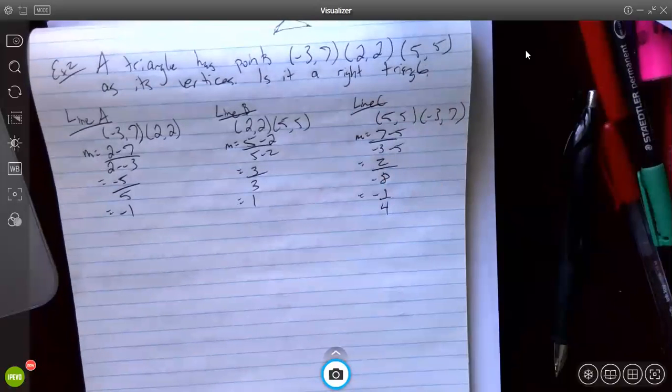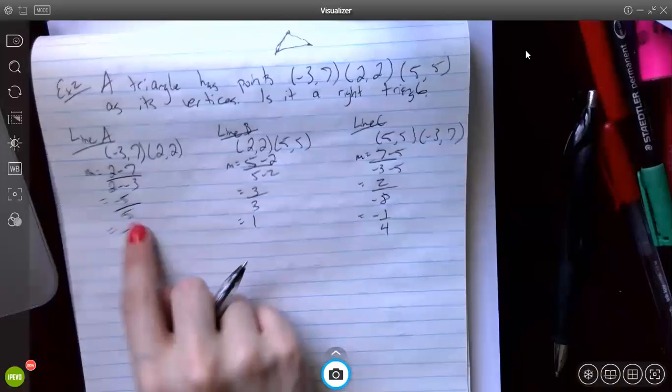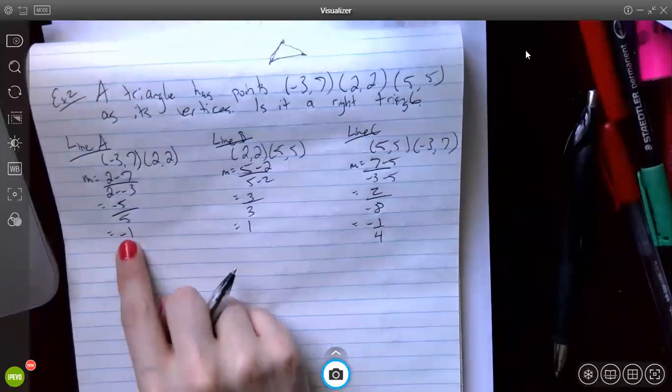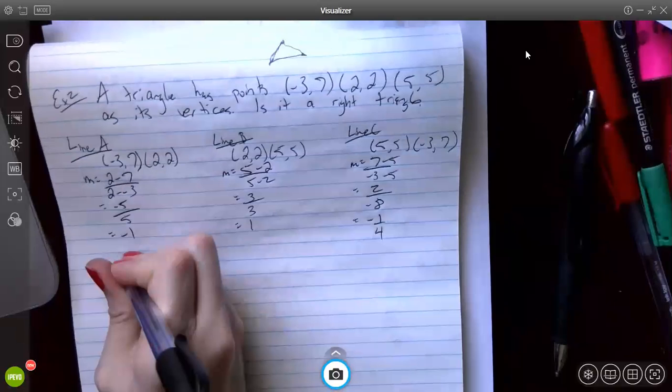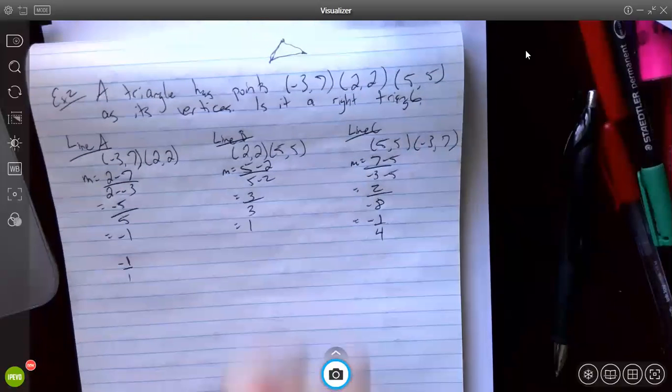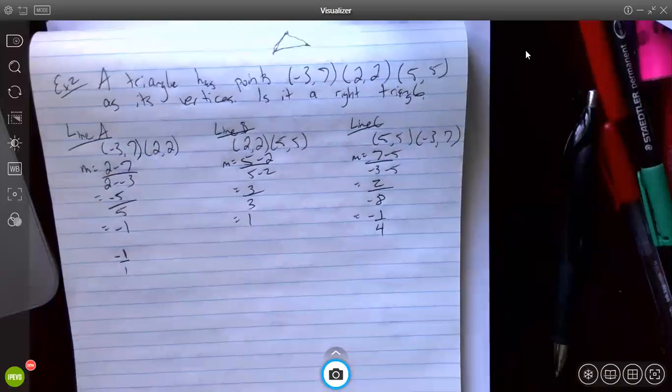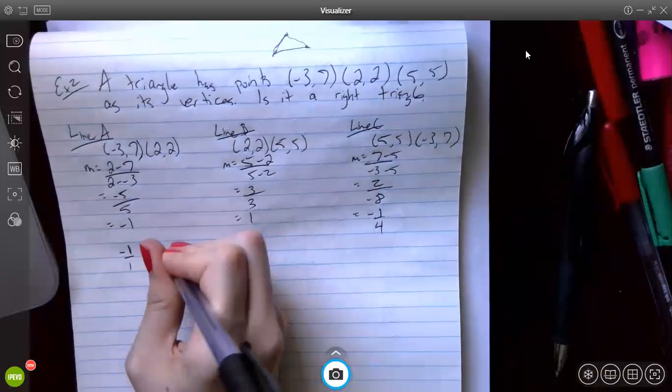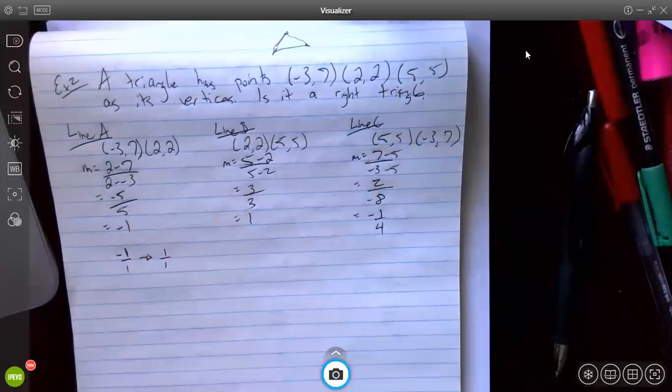So if I look at this first slope here, -1, if I were to write that over 1, it would look like that. And if I were to take the negative reciprocal of it, I would flip it upside down and make it positive.